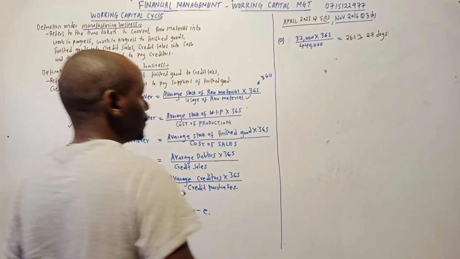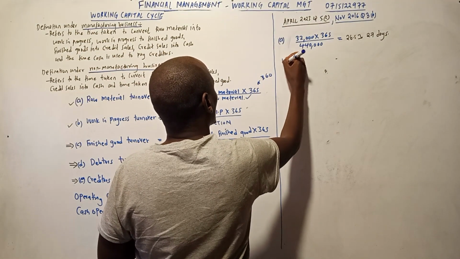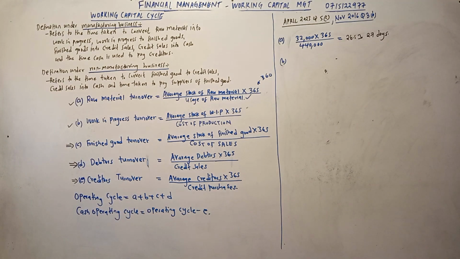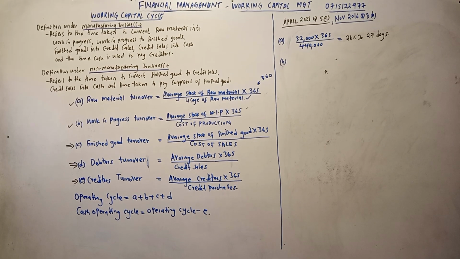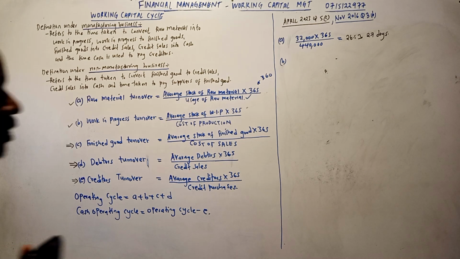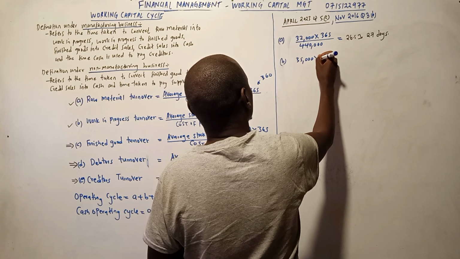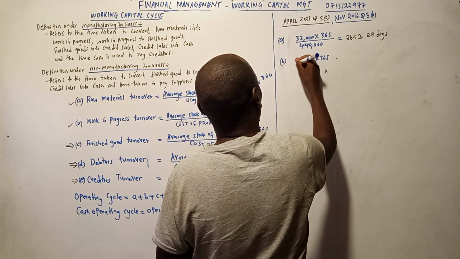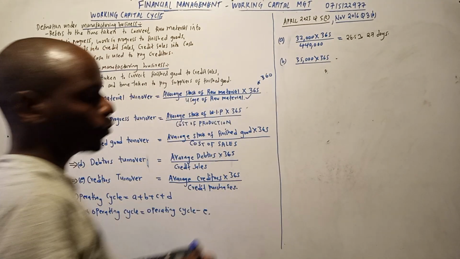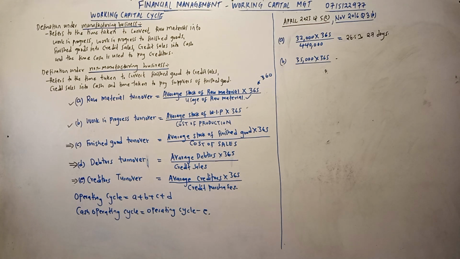Number B, work in progress. We have average work in progress as 35,000. 35,000 times 365 over. Now work in progress is not a cost of production, so do you have the total cost of production?